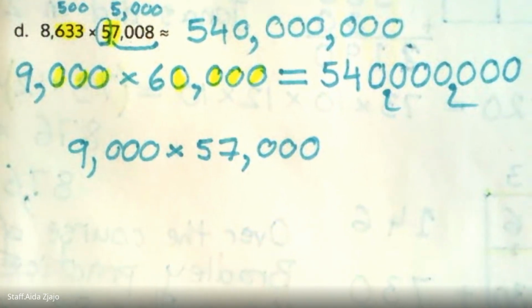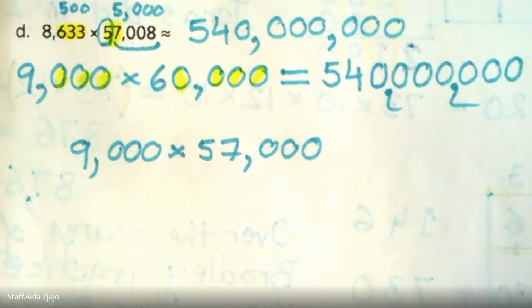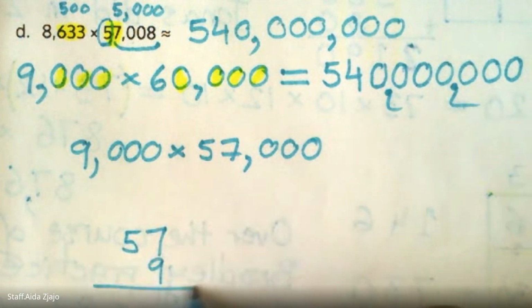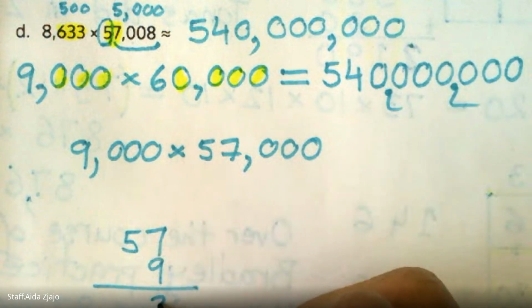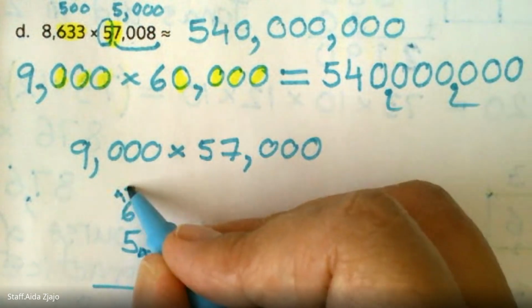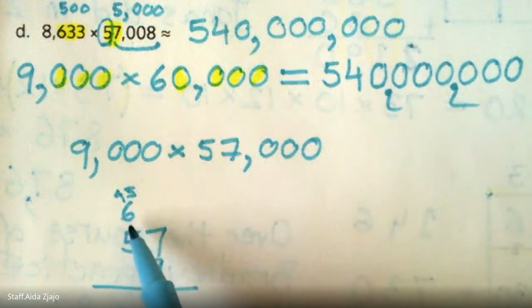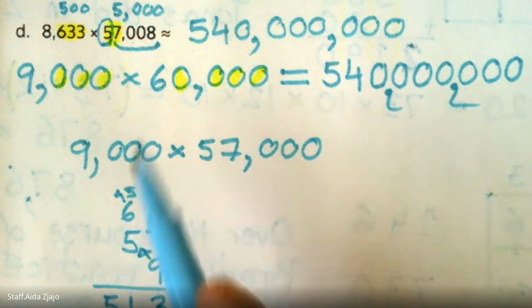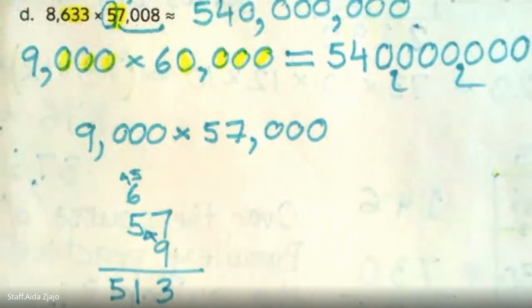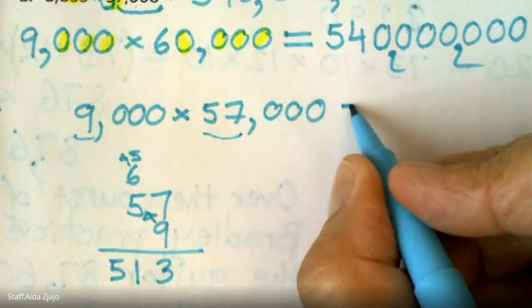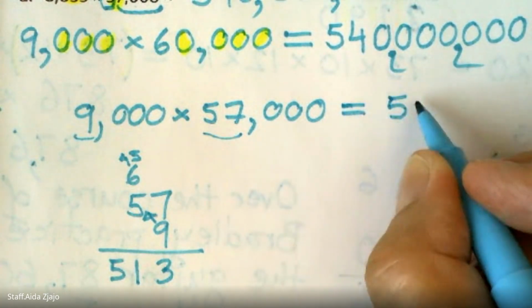So you can pick the answer that is closest to the exact answer. So if you say 57 times 9, 9 times 7 is 63, 3 I remember 6, 5 times 9 is 45, 45 plus 6 is 51, so 9 times 57 is equal to 513.